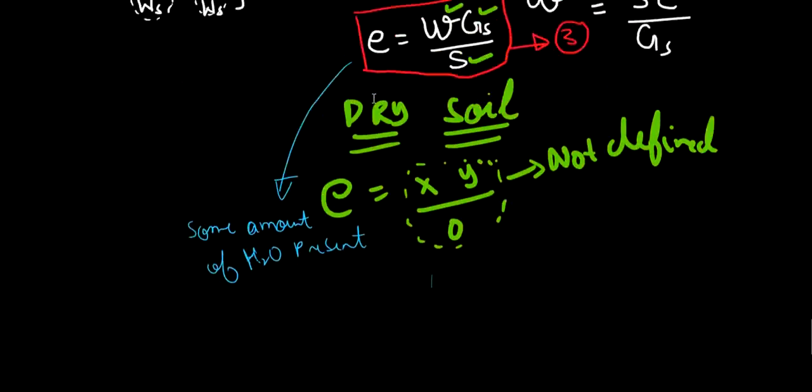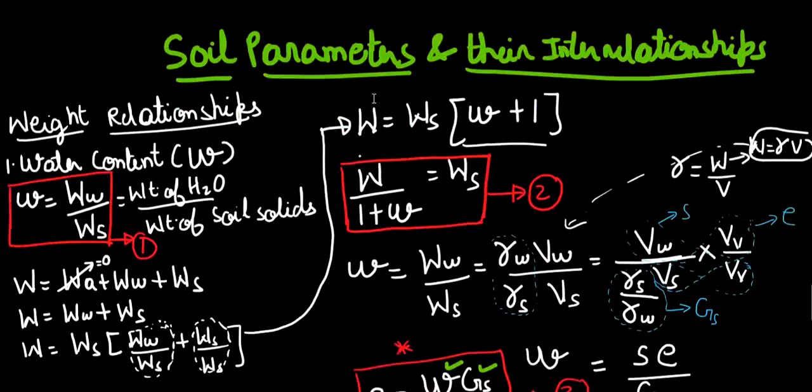Now let's talk about the volume relationships. I'll be talking here about the volume relationship. The very first one that comes in this is void ratio.